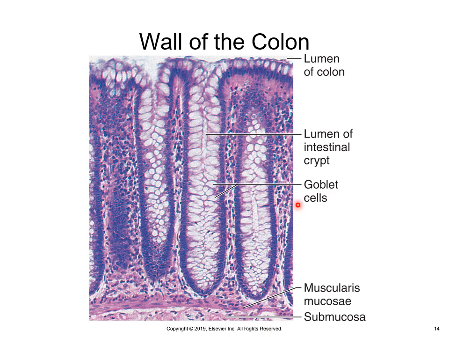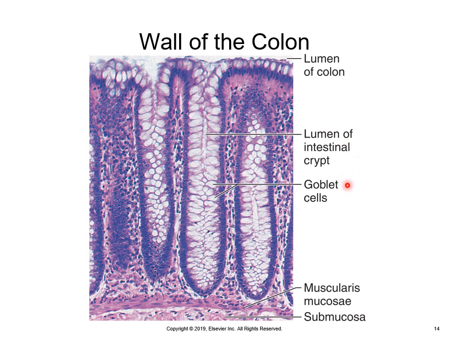And again, the functions of this colon wall: it assists with water and electrolyte absorption. That epithelium is going to reclaim or reabsorb water and also minerals to prevent dehydration. Also, it aids in mucus secretion.